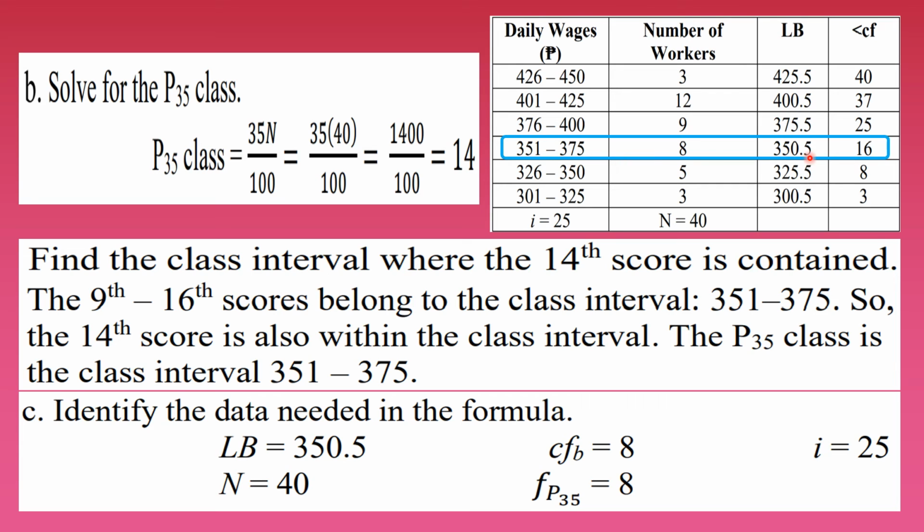Let us identify now the data needed in the formula. Lower boundary is equal to 350.5, n is equal to 40, CF sub B is equal to 8. It should be the less than cumulative frequency. And the frequency of the P sub 35 class, that is 8. And the interval is equal to 25.